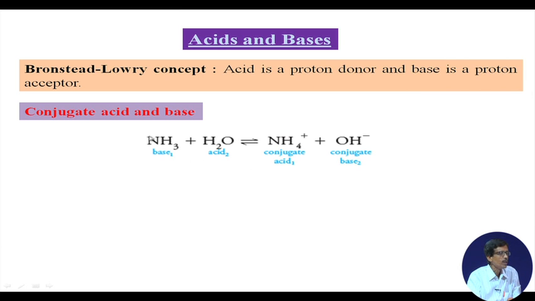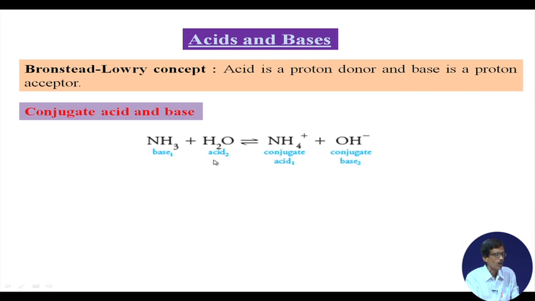When we talk about ammonium hydroxide, the definition is that a substance acts as an acid only in presence of a base. Similarly, ammonia NH3 can act as a base if an acid is present.